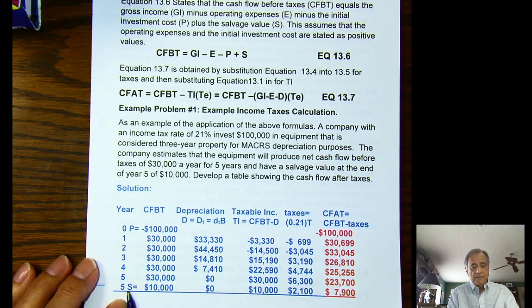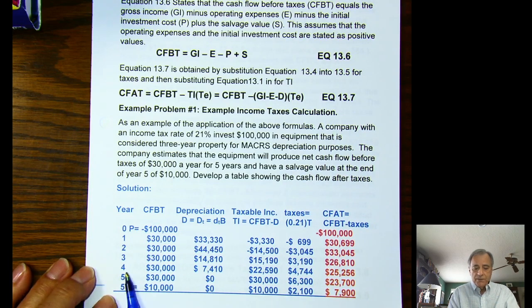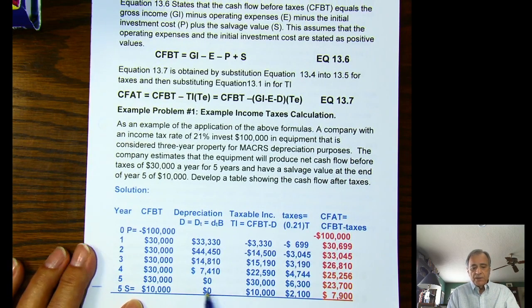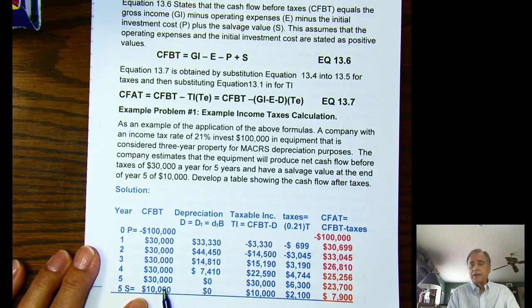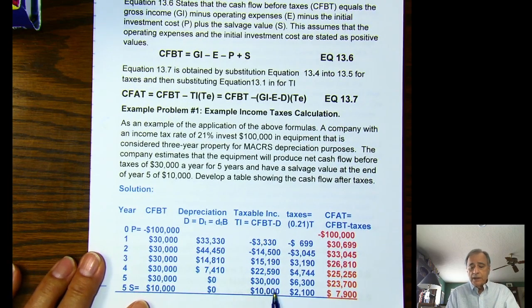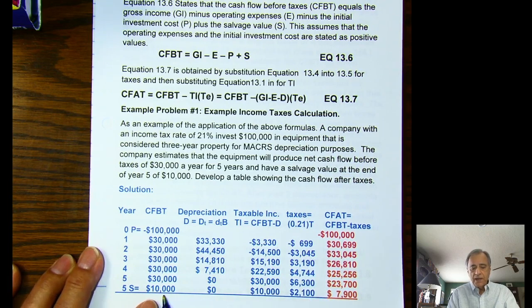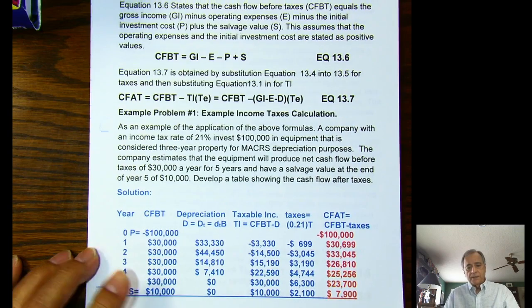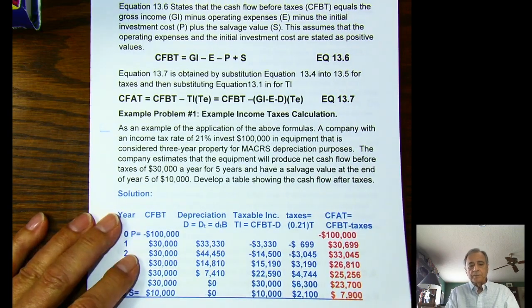But I also have a salvage value there, so I kept that separate, but it's still in year 5. These are both year 5 now, and the depreciation doesn't affect that at all. So it's all taxable, and it's taxed at that same 21%, so that gives me $2,100 in taxes that I have to subtract from that to get net cash flow after taxes. And that's the end of this particular problem.